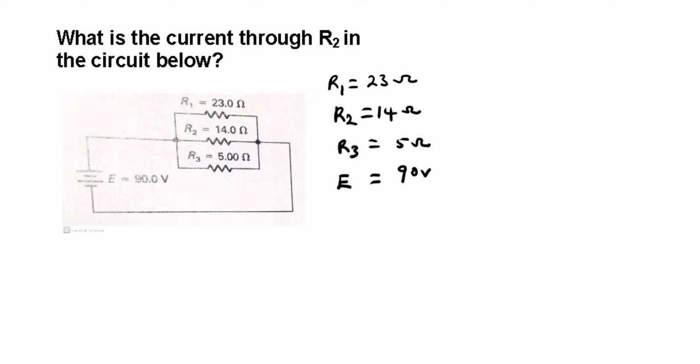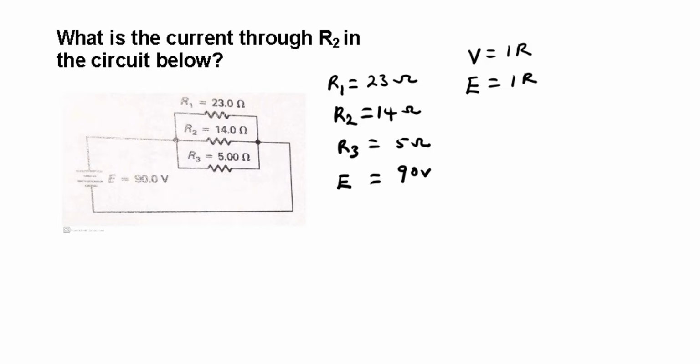Now remember from Ohm's law that V equals IR, which is also E equals IR, because the voltage is the same thing as the EMF of the circuit.